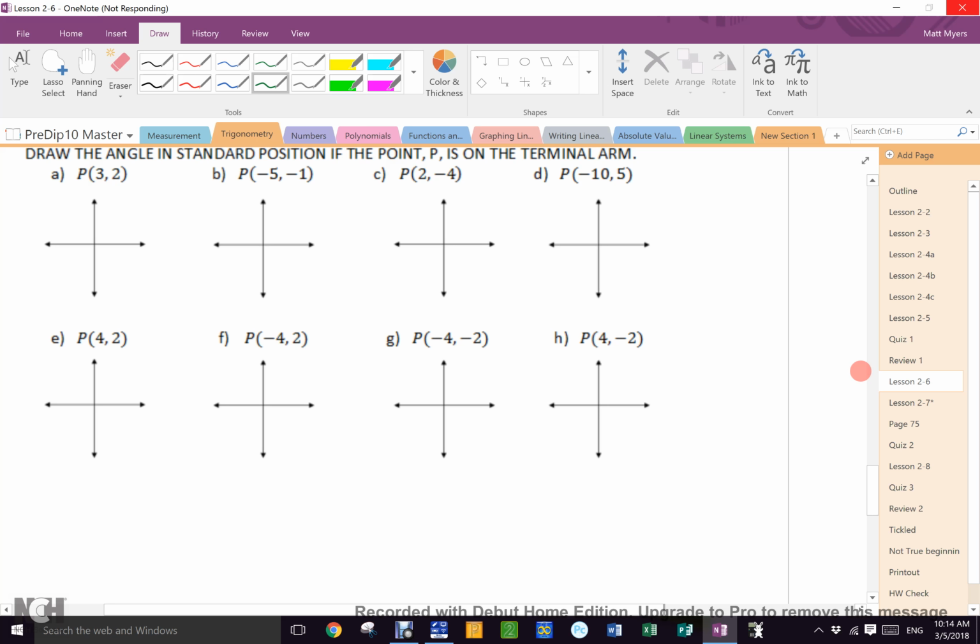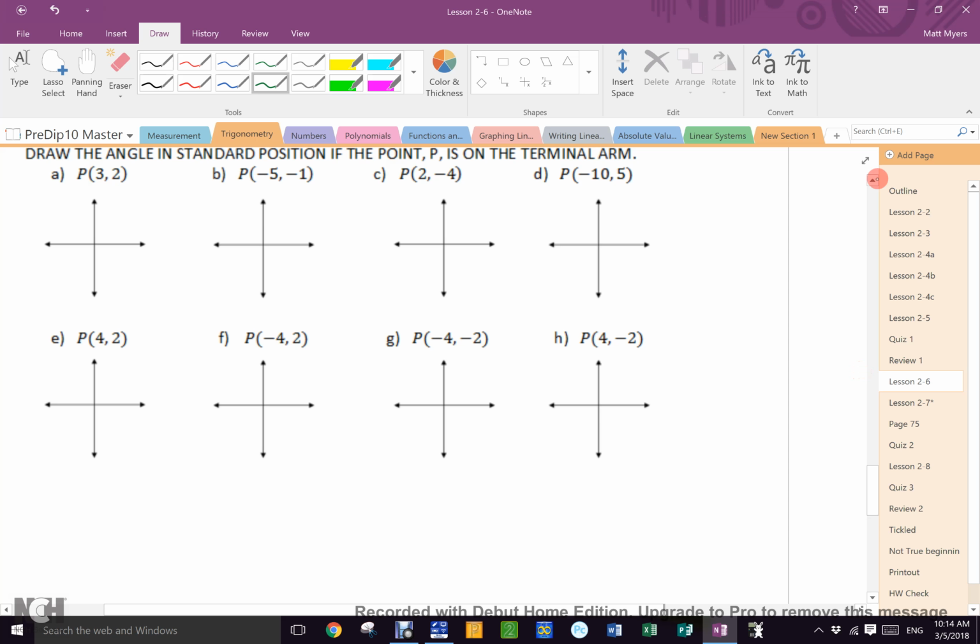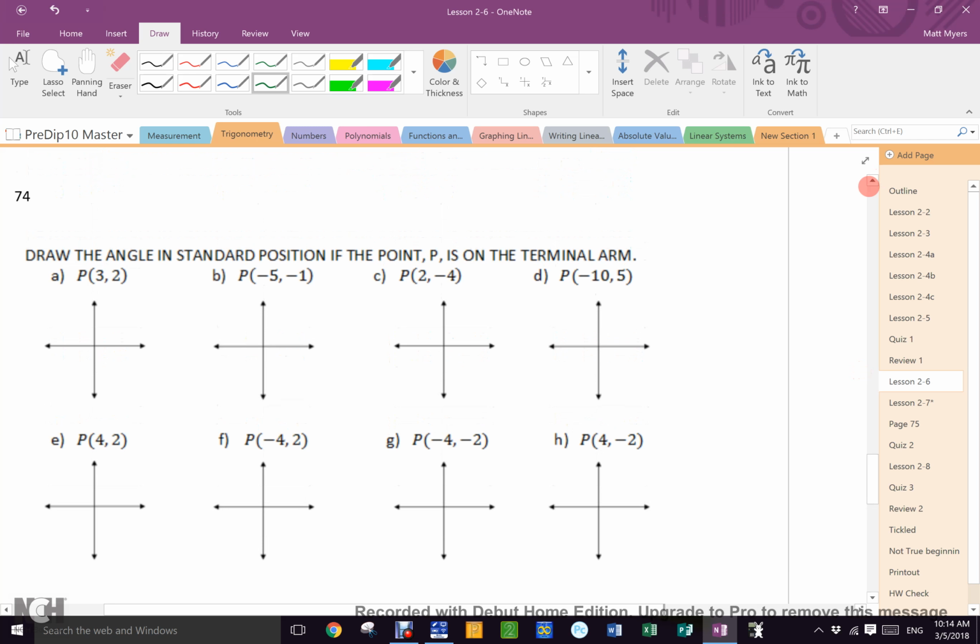When we draw a terminal arm, it goes off through an infinite amount of coordinates, yes? So draw that first one. Where would 3, 2 be? Draw a dot right there. Put a dot where 3, 2 would be, and then we put an angle through it, a ray through it.